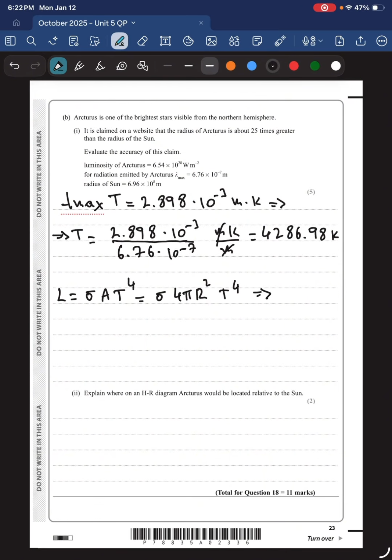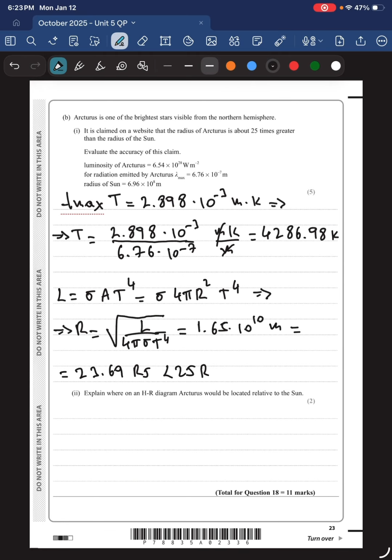So the radius is equal to the square root of L over 4 pi sigma T to the fourth, which is 1.65 times 10 to the 10 meters. If we divide by the radius of the Sun, that's 23.69 times the radius of the Sun, which is less than 25 times the radius of the Sun, so not accurate again.